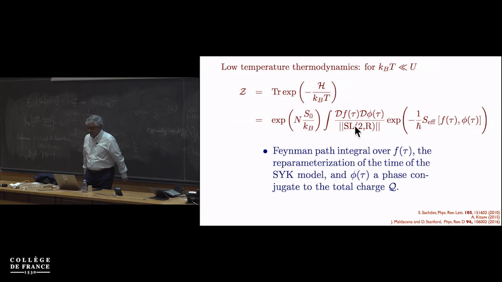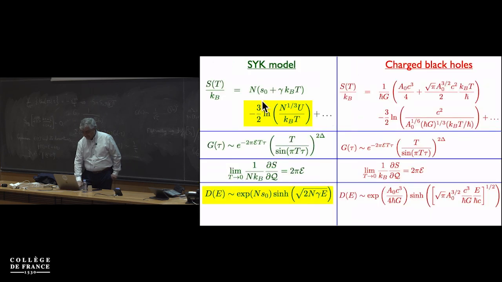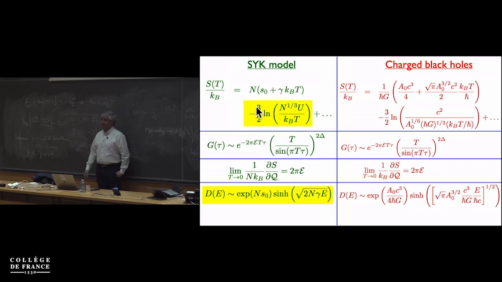So you do this path integral exactly, and lo and behold, that's what gives you this minus 3/2 log t. And this 3 is related to the fact that SL2R has 3 generators, just a count of the number of zero modes. Each zero mode gives you a minus 1/2 log.